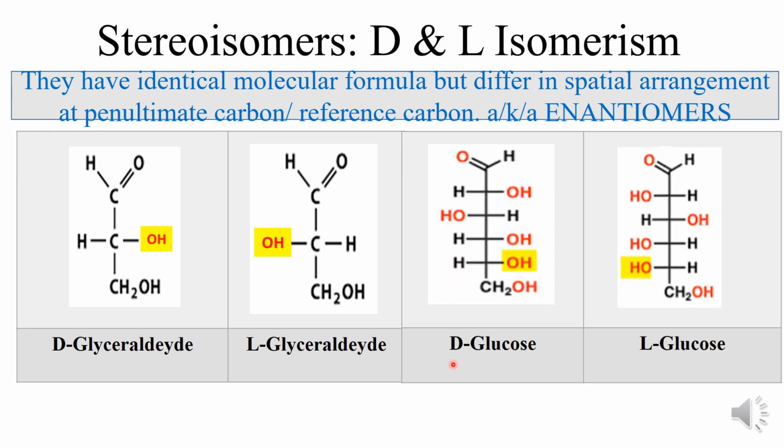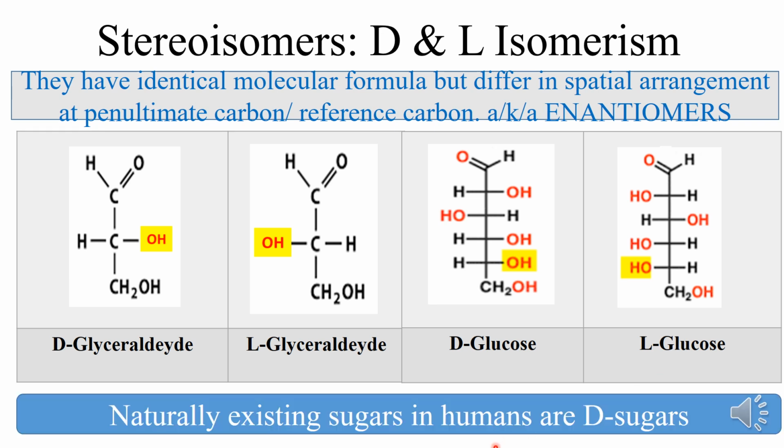Similarly in the case of glucose, D-glucose has the hydroxy group at the penultimate carbon on the right hand side, whereas L-glucose has the hydroxy group on the left hand side at the penultimate or reference carbon. All these molecules show D and L isomerism. They are also enantiomers of each other. Naturally existing sugars in humans are all D sugars.